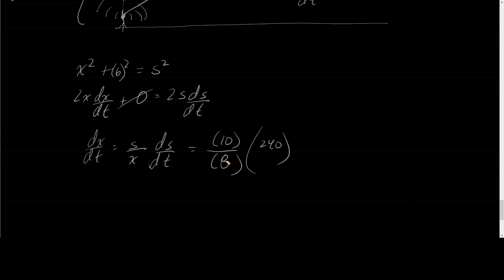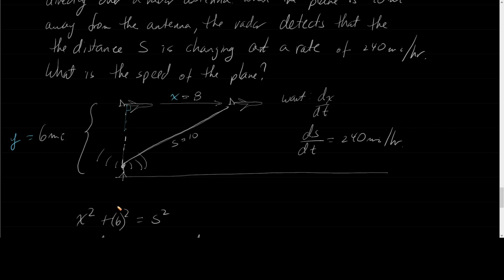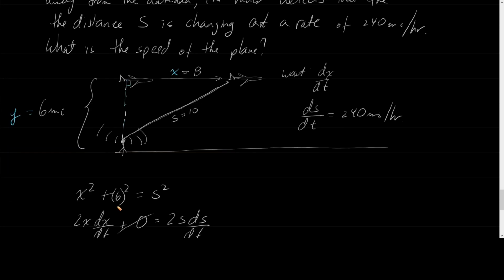Now we can say, well, 8 goes into itself once, 8 goes into 240 30 times, 10 times 30, 300. So dx/dt is 300 miles per hour. So essentially that tells us that's how fast the plane is moving. The plane is moving at 300 miles per hour. All right, so that was another example of using the Pythagorean theorem in this kind of problem.